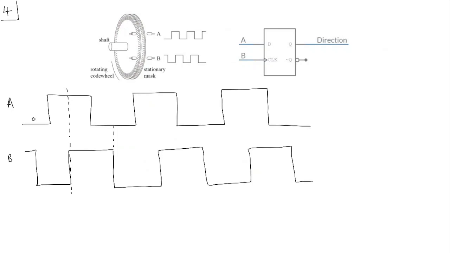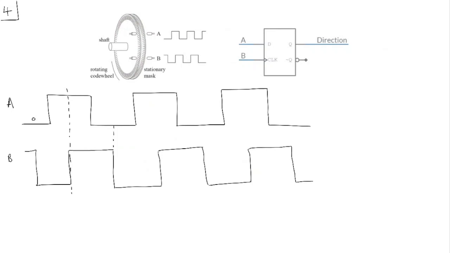At other points the light is not there. They are arranged so that A and B have a phase shift, and depending on which direction the wheel is rotating, B will be either a delayed version of A or a leading version of A. It will either lead or be delayed, and this gives you the direction.